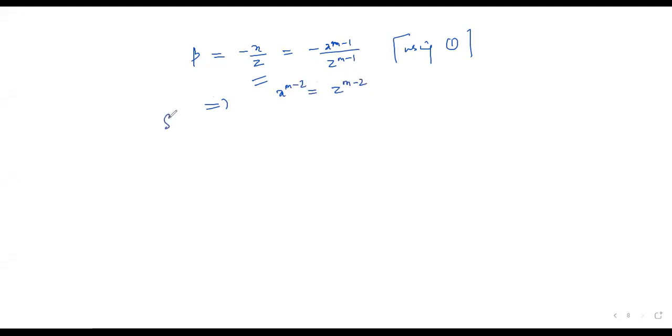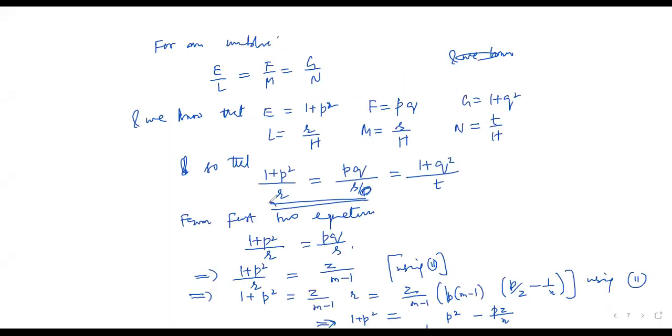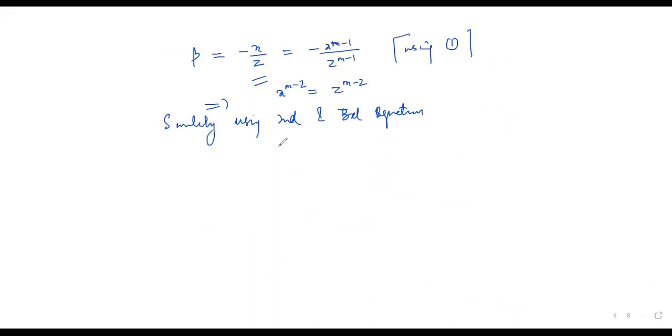Similarly, of the triplet of equations I started with, using the second and third equations, the conditions for an umbilic, we would get y raised to power m minus 2 is equal to z raised to power m minus 2, which implies that x raised to power m minus 2 is equal to y raised to power m minus 2, which is equal to z raised to power m minus 2.